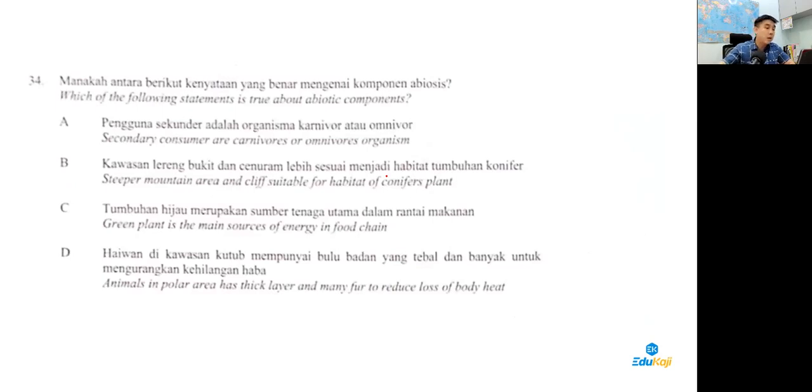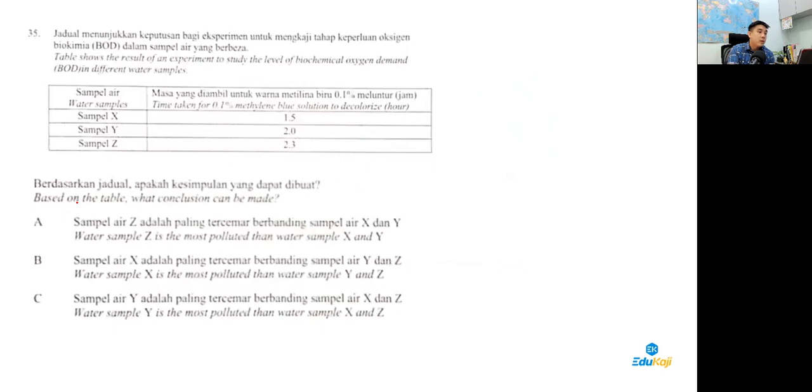Now, chapter 9, abiotic means non-living. Non-living, so answer is boy. Okay. This is topography. Topography, the surface, the height. Okay, 35, still chapter 9. Chapter 9, something to do with, no, sorry, this is chapter 10 already. BOD.